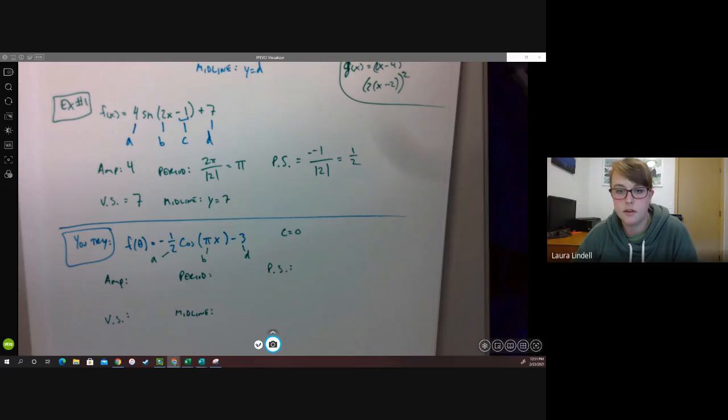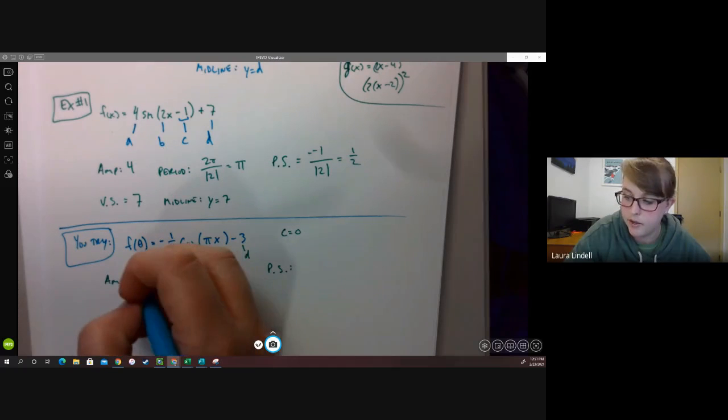Amplitude. Yeah, nice. It is 1/2. The only thing to remember on amplitude is that you can't have a negative amplitude. So it is positive 1/2.